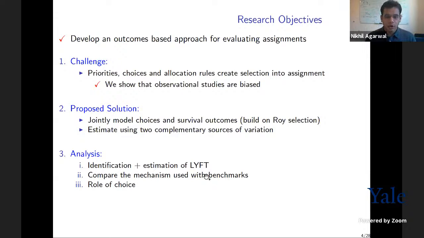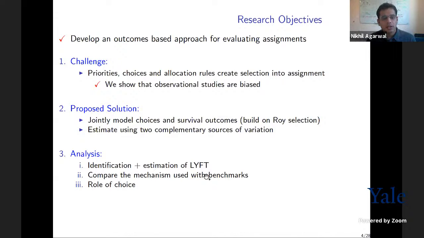So if you look at a patient who received a transplant and an otherwise identical patient based on your data who did not receive a transplant, there are some reasons why these two patients have different outcomes. These reasons could be their choices or perhaps who's lived longer versus not. And so this is going to create some selection into who gets assigned. And we want to purge this selection when we think about evaluating alternative assignments.